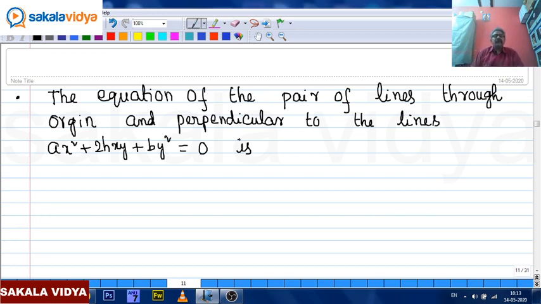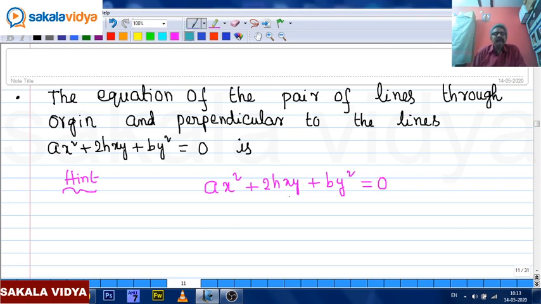So how to find it, see the hint. This is the given pair of lines, ax square plus 2hxy plus by square is equal to 0. Here you do one thing.